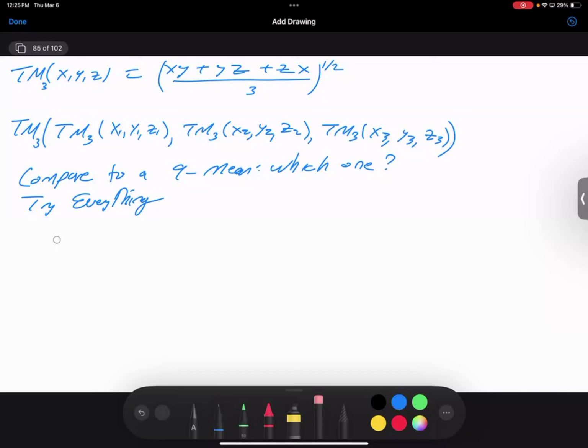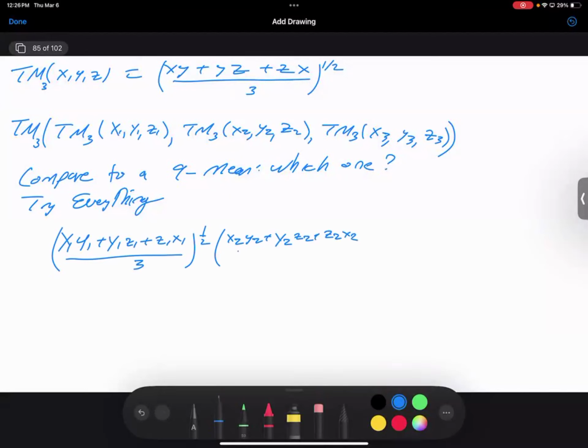Okay, so I would have x1, y1 plus y1, z1 plus z1, x1 over 3 to the 1/2. That's my first item. Now I multiply by the second item, which is x2, y2 plus y2, z2 plus z2, x2 over 3 to the 1/2.